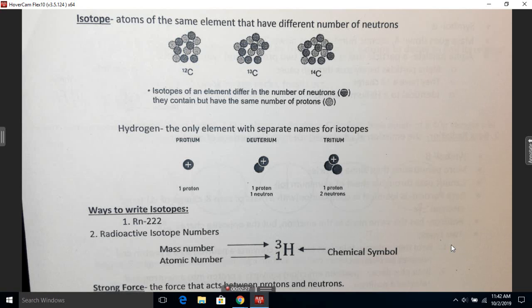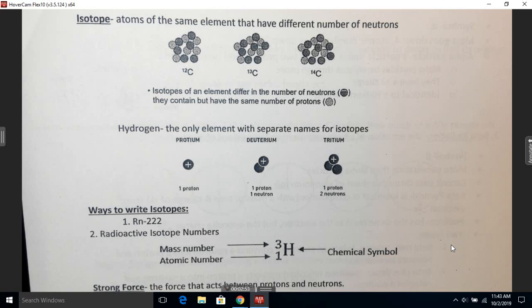Not valence electrons. They do all have different mass. But is their mass the thing that identifies them? No. What is it? Their number.